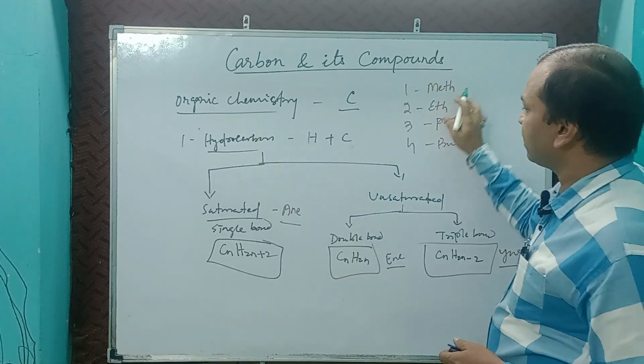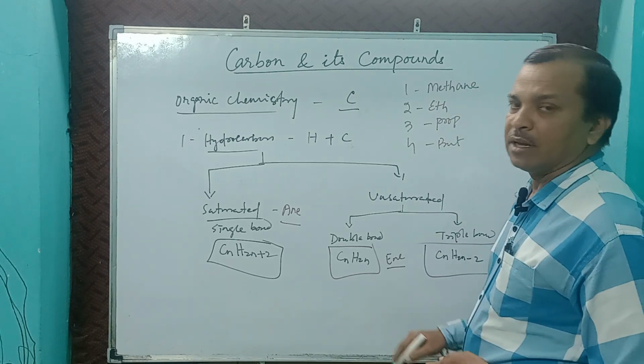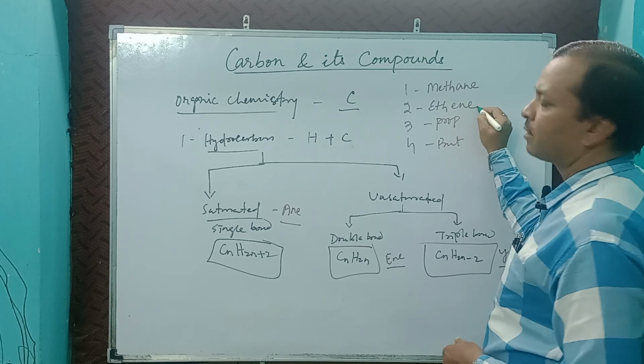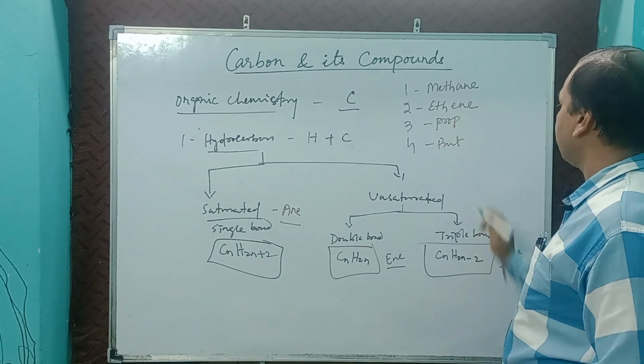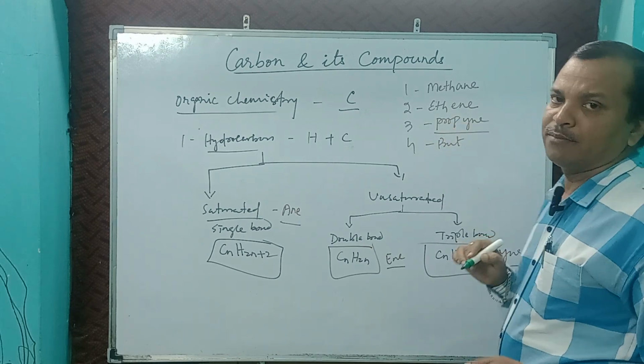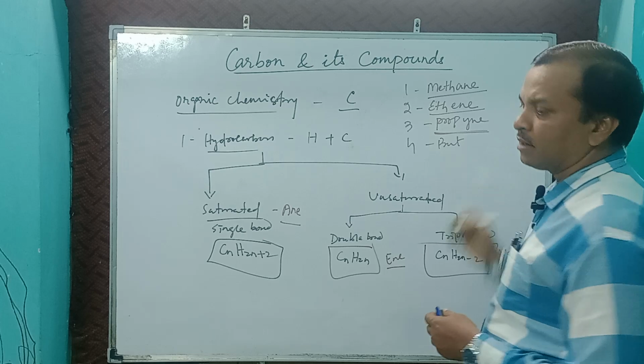If it is a single bond, we can write methane. If it is a double bond, we can write ethene. If it is a triple bond, propyne. Methane, ethene, propyne. Is it clear?